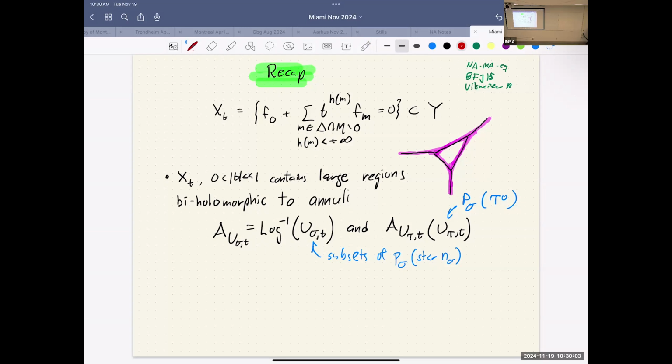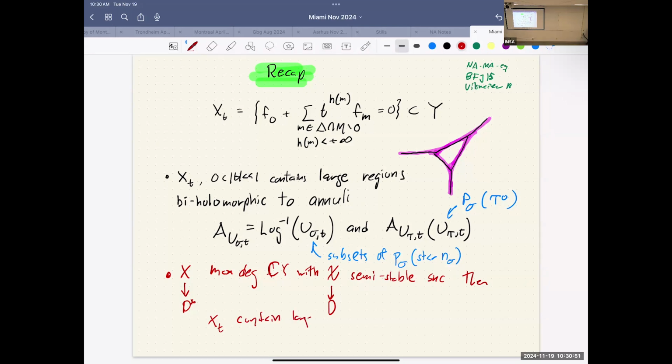So similarly to this point here, if we have a degenerate family, a maximally degenerate Calabi-Yau family, with a model which is semi-stable and simple normal crossing, then X_t similarly contains large regions biholomorphic to annuli.